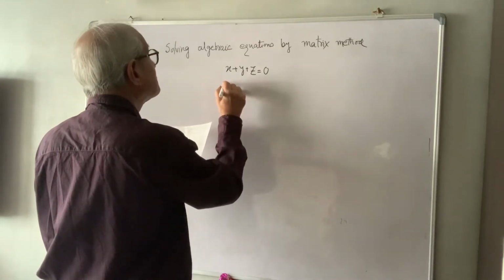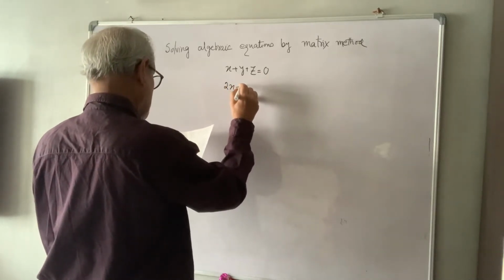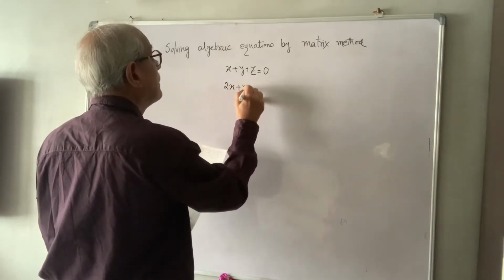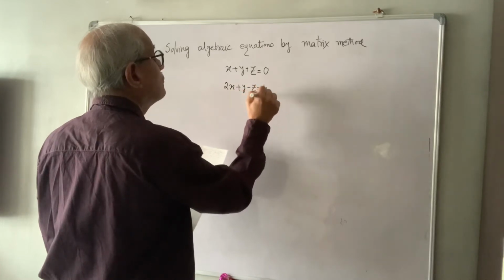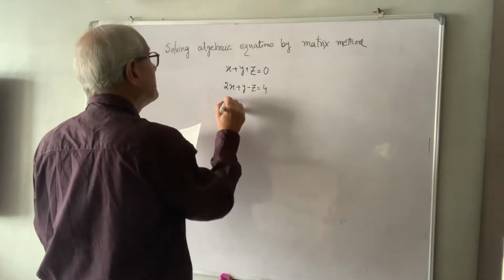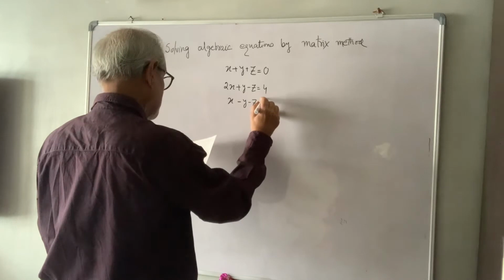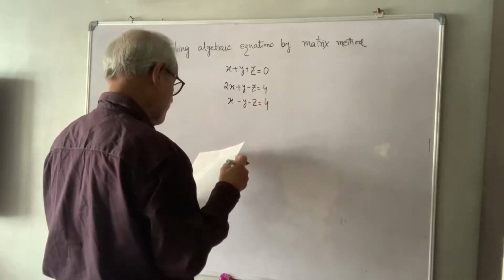Then 2x plus y minus z is equal to 4. And x minus y minus z is again 4.